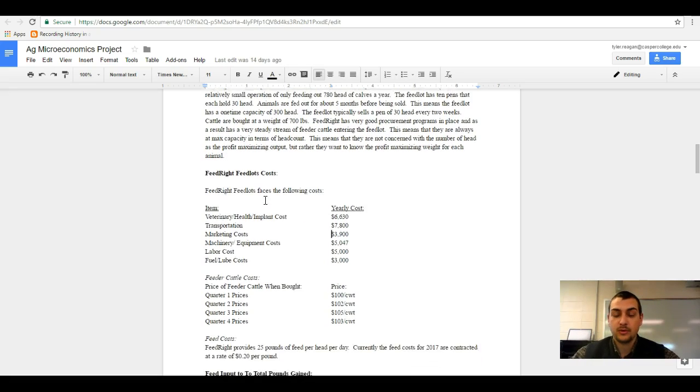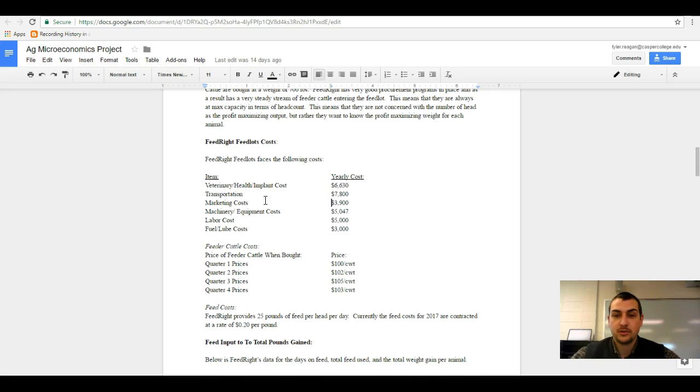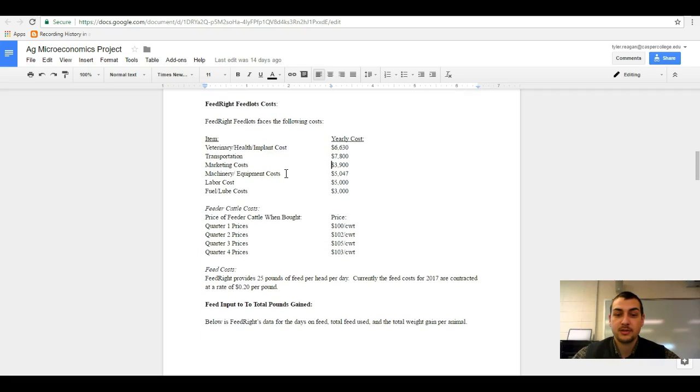So whenever this is all set up on a factor product model, if you remember back to chapter 5, they talked about a factor product model, and within a factor product model, you're looking at one variable input producing one output. You have a lot of different fixed inputs, but you have one variable input doing one variable output. It's one of the simplest models, so I wanted to try and do that.